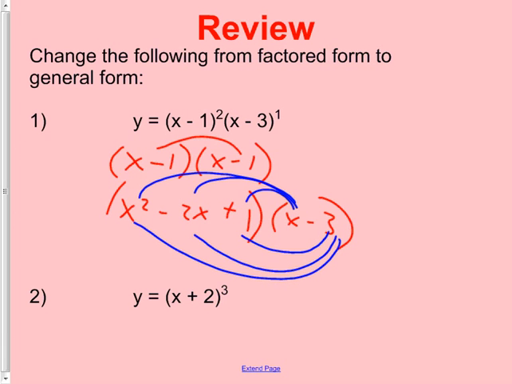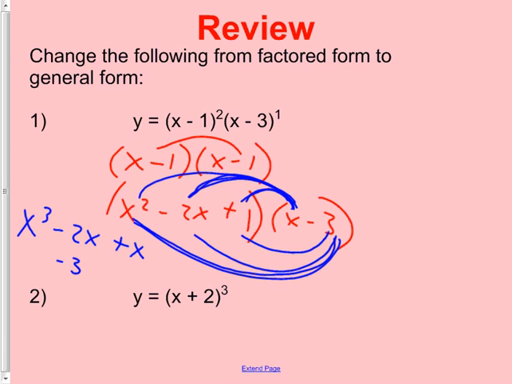The final answer ends up being, let's see if I can do this all in my head. It's a great way to screw it up. X cubed, and then the next one will be minus 2x. That's this part here. I'm not even going to try to do it all in my head. I know I'll mess up. Next one is going to be plus x. And then I have a negative 3 times the x squared, which is negative 3.